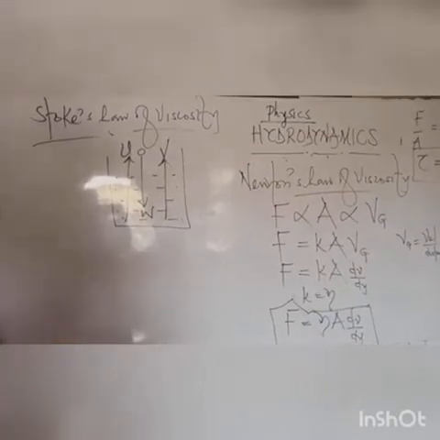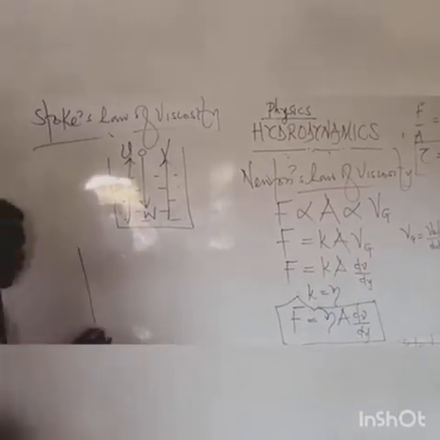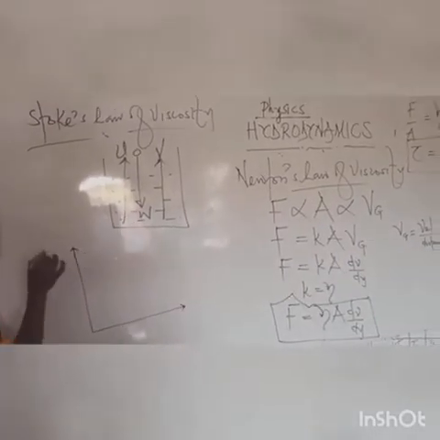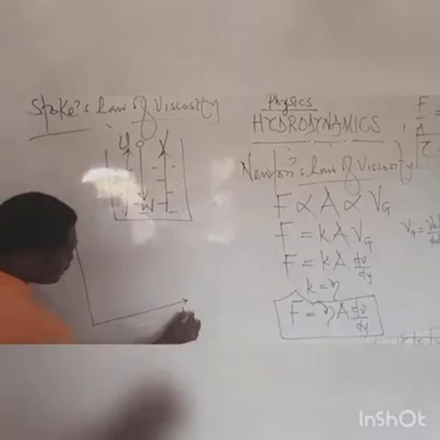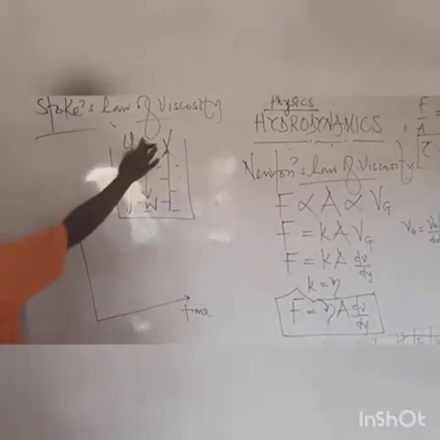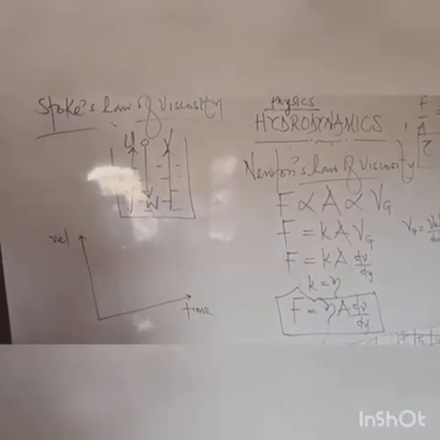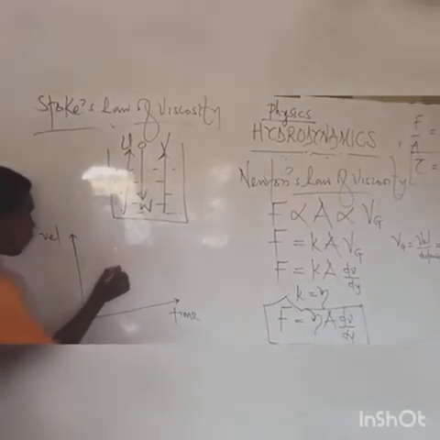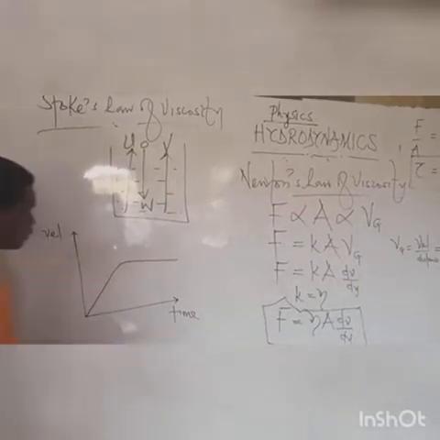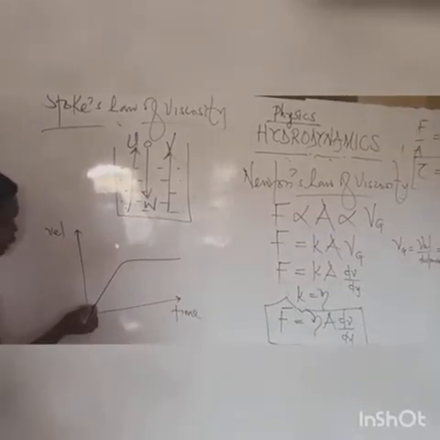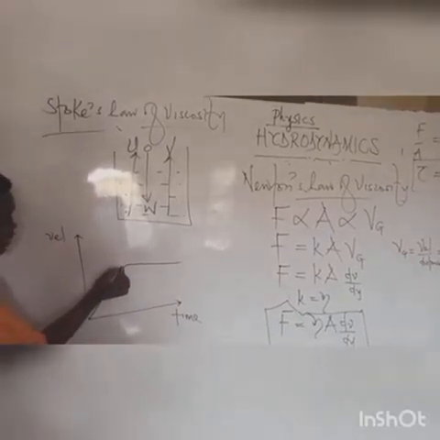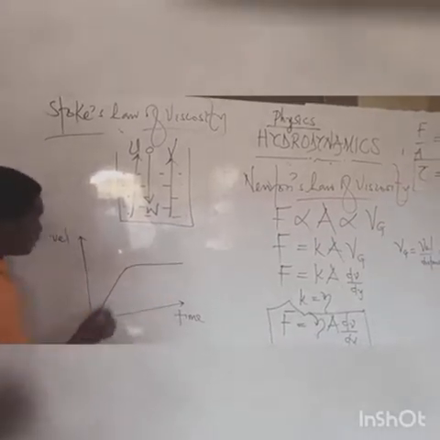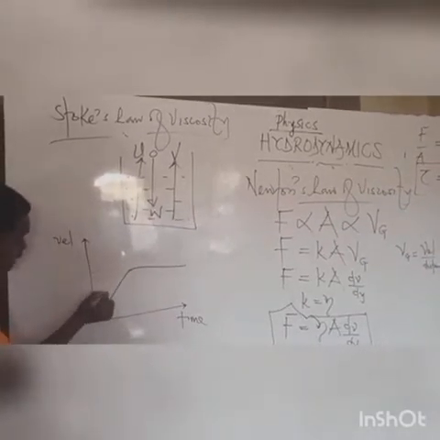If you plot a graph of velocity against time for an object falling in a viscous fluid, you get this before it becomes constant. The velocity keeps rising, and on getting to terminal velocity, it remains constant. From here to here, there is acceleration.